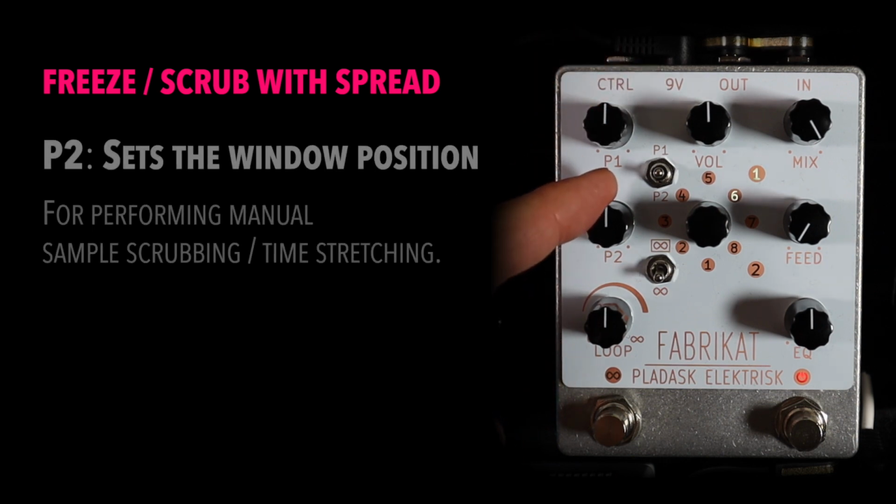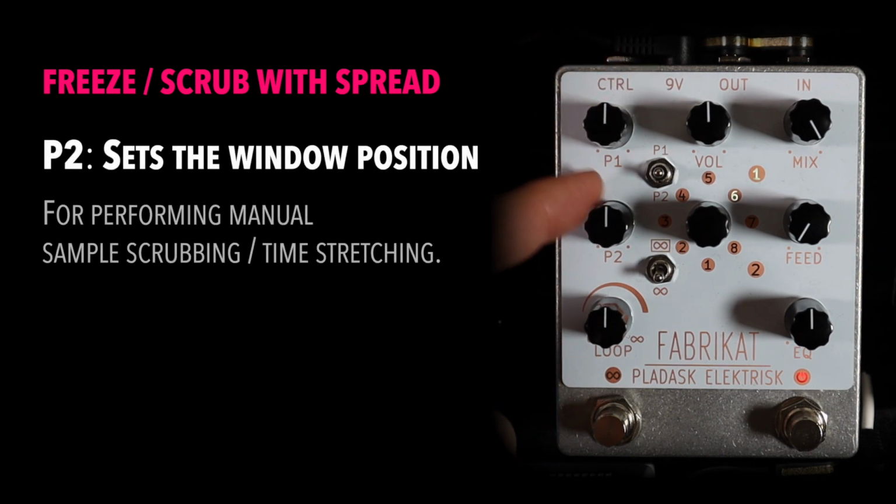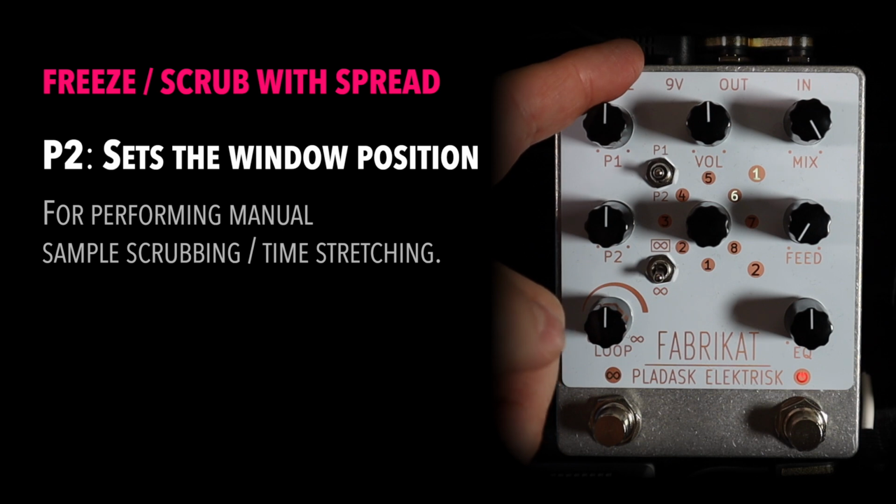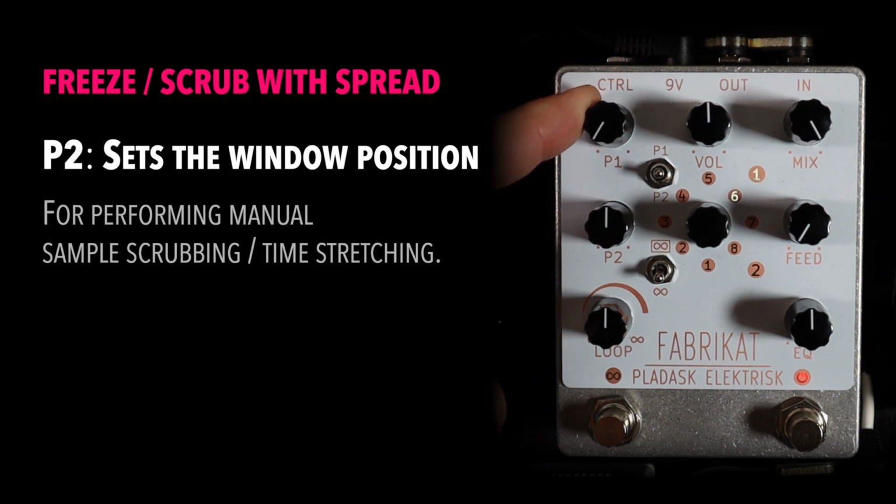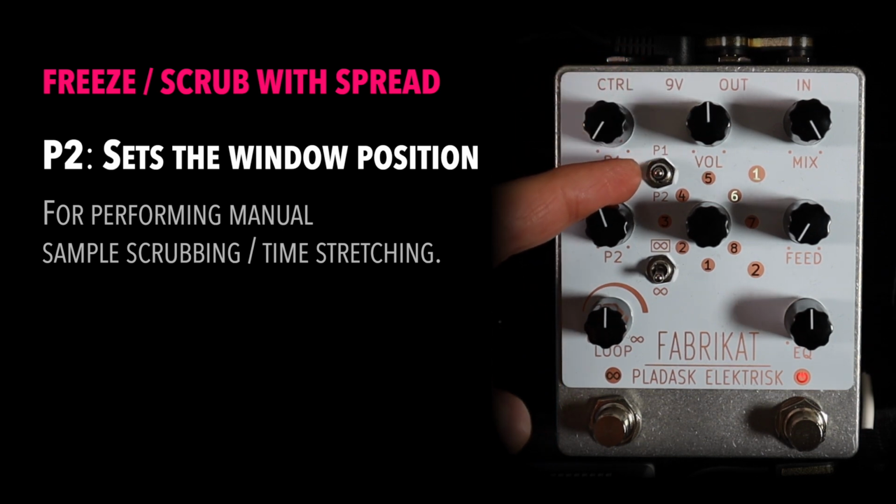Now, parameter 2 sets the window position, and this is for performing manual sample scrubbing and time stretching. So, just so you can kind of get an idea what this does.